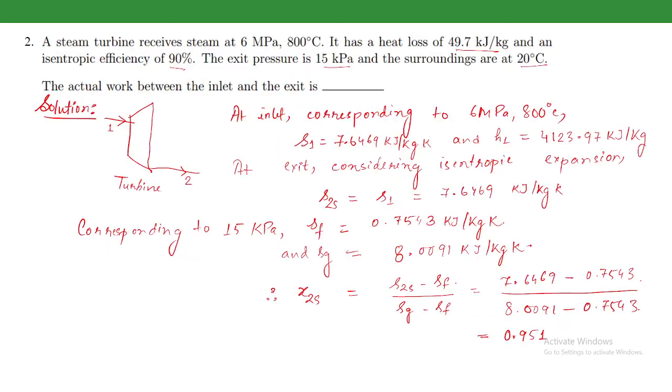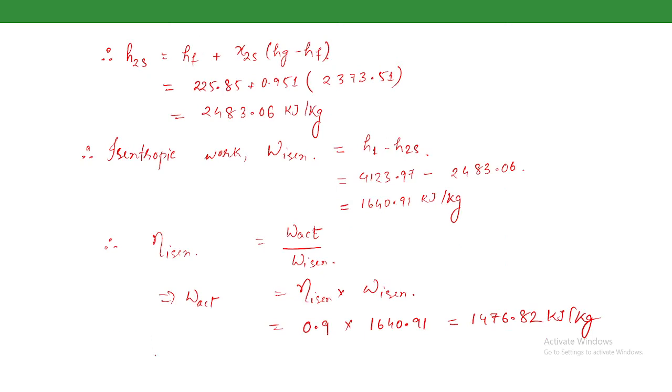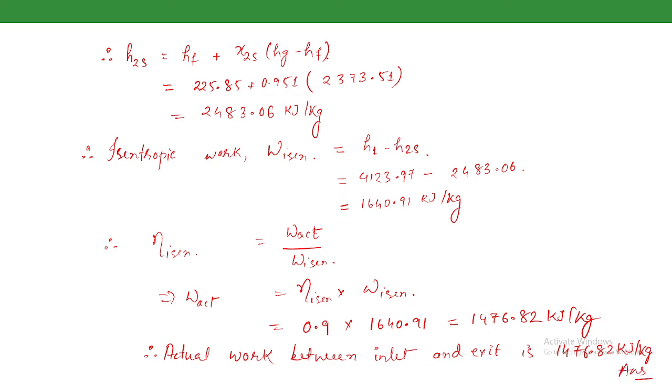So the actual work between inlet and exit is 1476.82 kilojoule per kg. This is the answer.